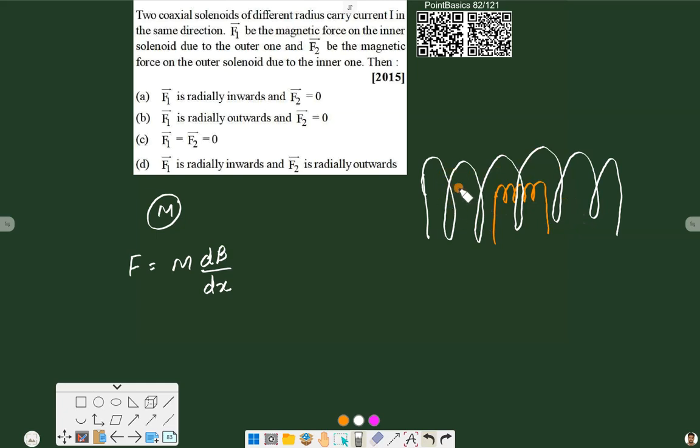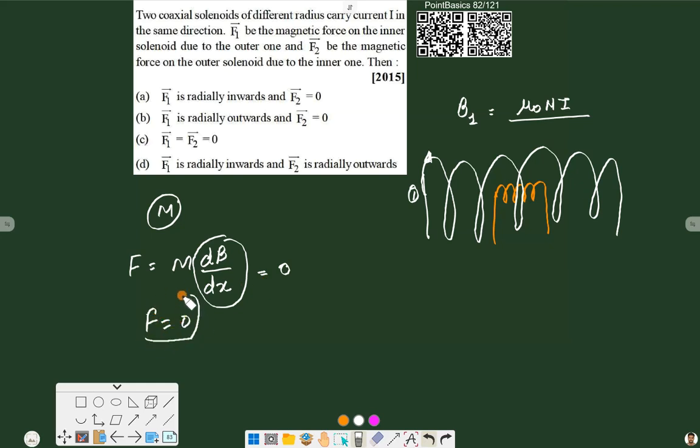Inside this white solenoid, if its current is I, and considering it as solenoid number 1, then B1 will be mu naught N I, and this value will stay constant. So if the magnetic field around this orange, second solenoid is constant, dB by dx is equal to 0. So the force will be 0.